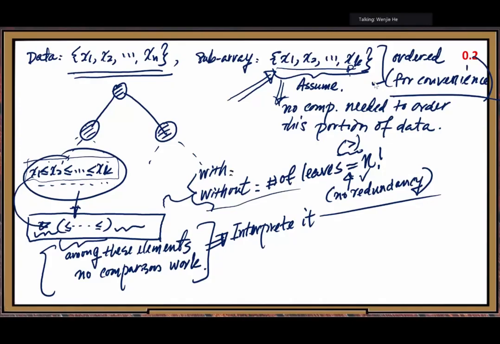With this condition, how much improvement can it give us in efficiency? Among these n factorial, what's the meaning of n factorial? N factorial permutations.